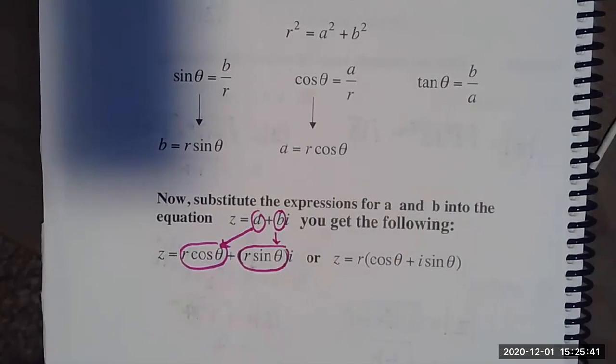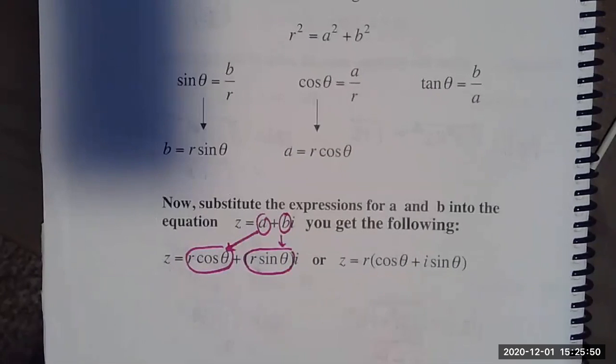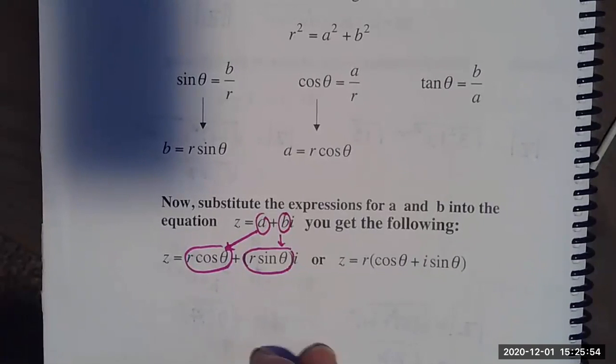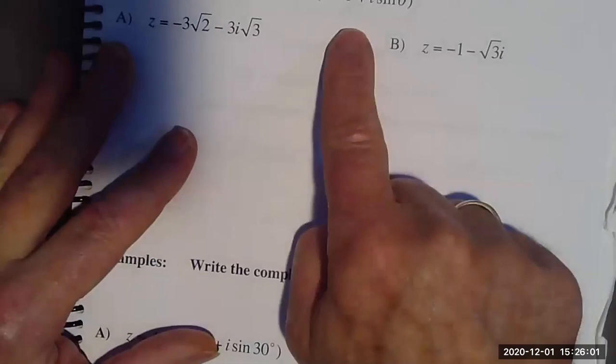And then if you factor off the r, that's all that next step is, you get a different version of it. So you can write imaginary numbers with respect to trig and angles. All right, let's give it a try. Write that in polar form.